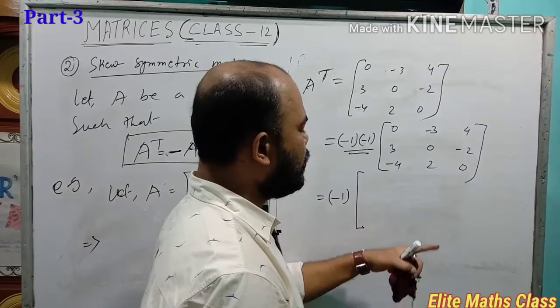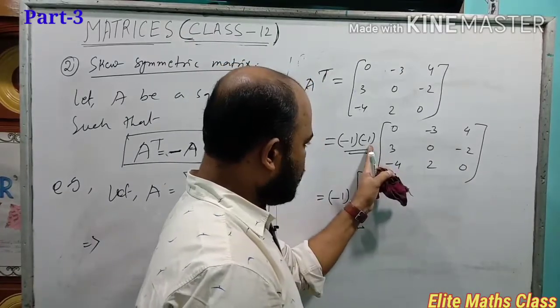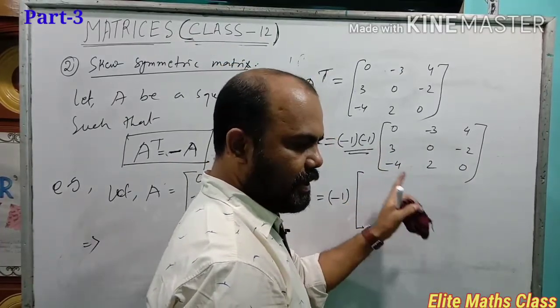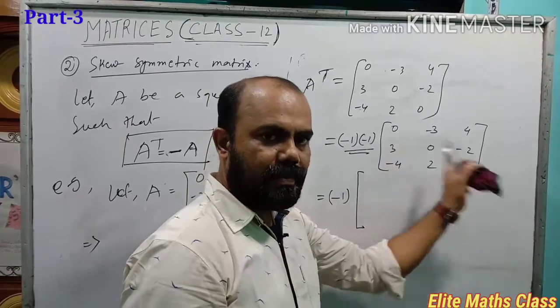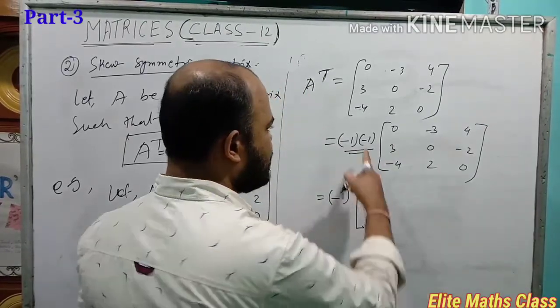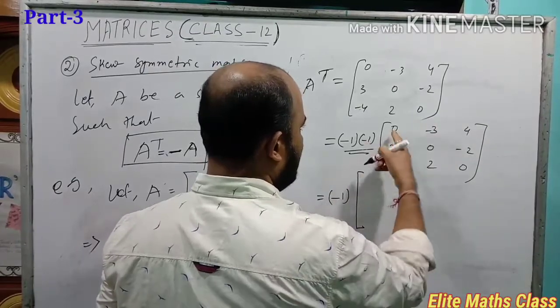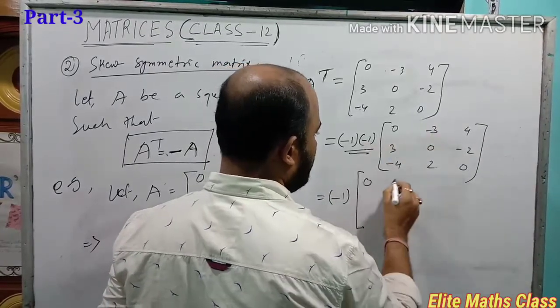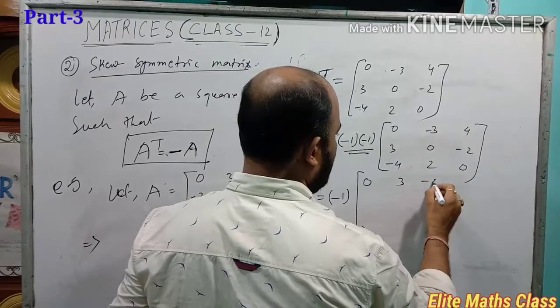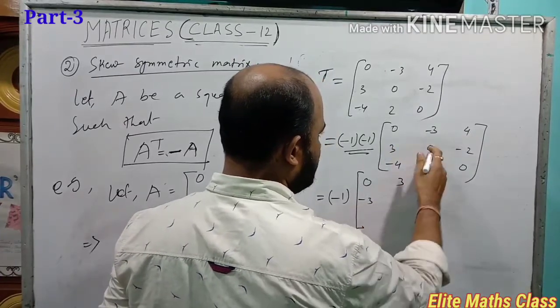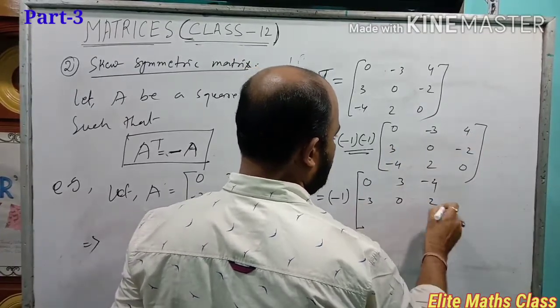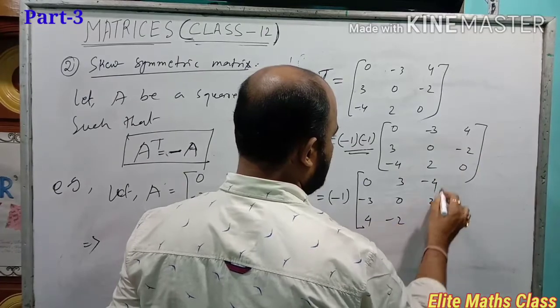If you multiply a matrix by a scalar, then this scalar quantity will be multiplied to each and every element. That is, this minus 1 will be multiplied to each and every element. So what we are getting: 0, minus 1 into minus 3 is 3, it will be minus 4, minus 3 0 2, 4 minus 2 0.